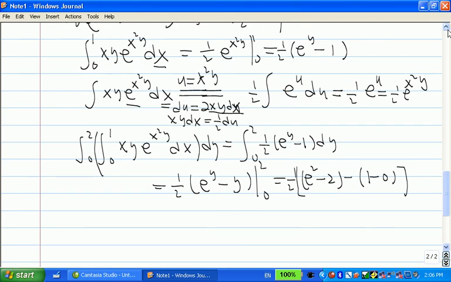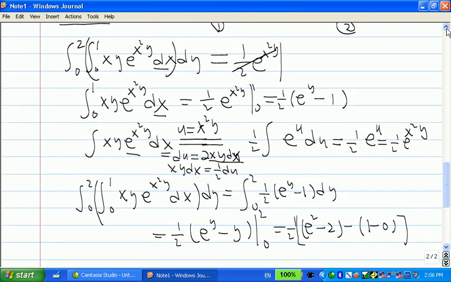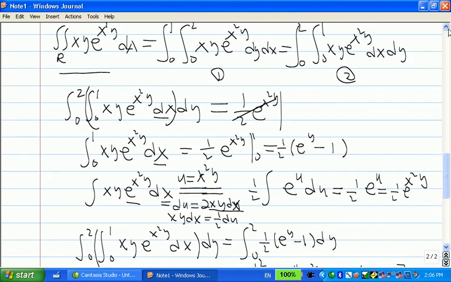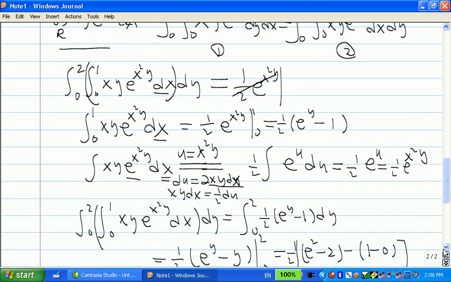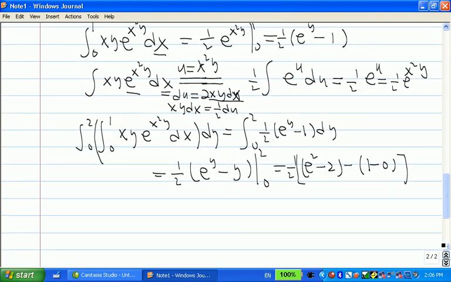Okay. So we find the double integral by using formula 2. How about we try formula 1 this time? Integral 0 to 1, 0 to 2, xy e to the x squared y.